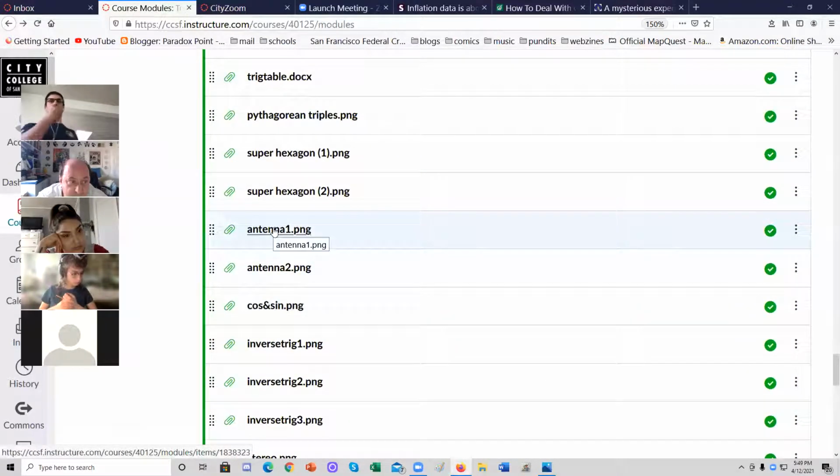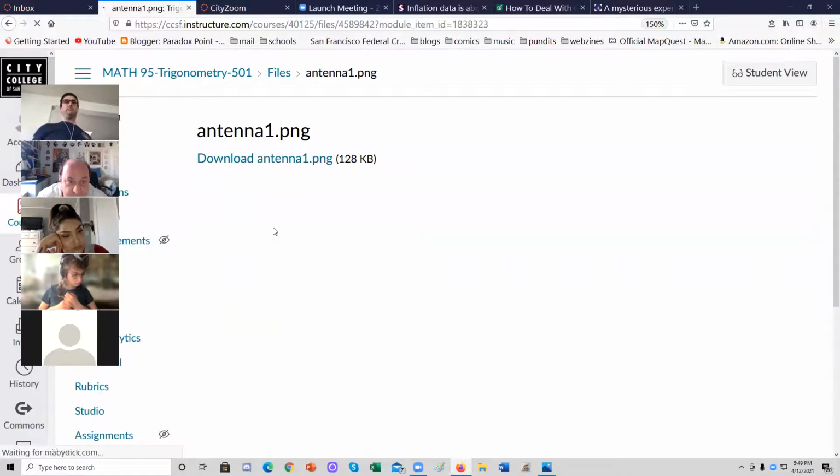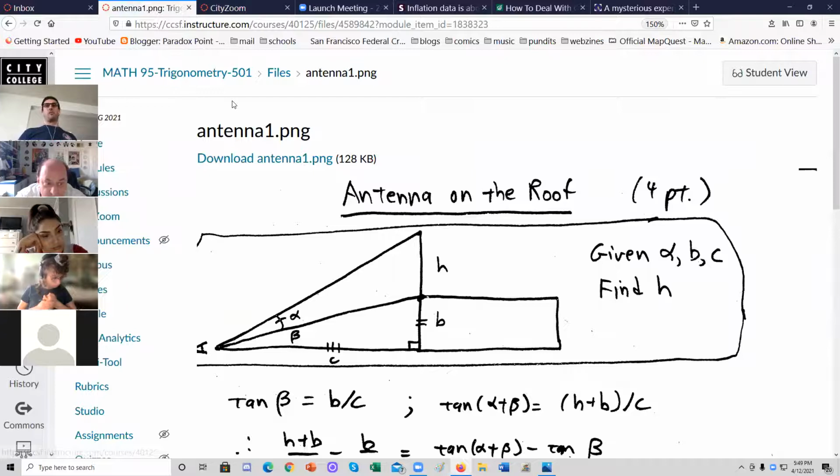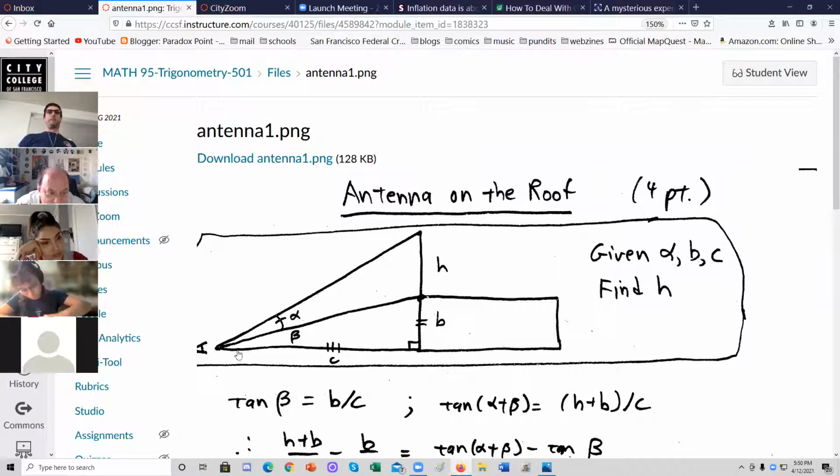This is a problem set. I call it antenna on a roof. Here's the idea. Here's a building with height B. At the top front is this antenna of height H, which you want to find. We know how tall the building is. You know how far you are. This is your eye looking at it.